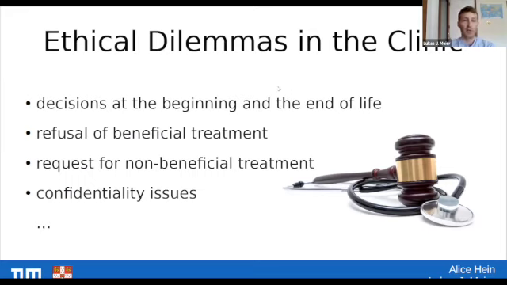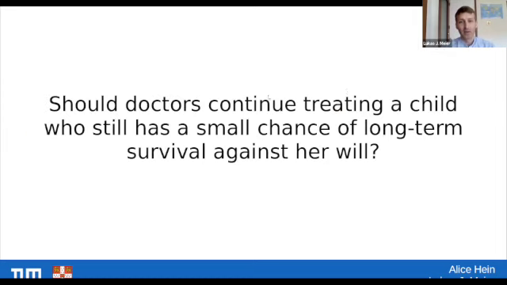Classic dilemmas are decisions that need to be taken at the beginning or the end of life, patients who refuse treatment that is beneficial or request treatment that is not beneficial to them, issues of confidentiality, and so on and so forth. Here are some examples. Should doctors continue treating a child who still has a small chance of long-term survival against her will?